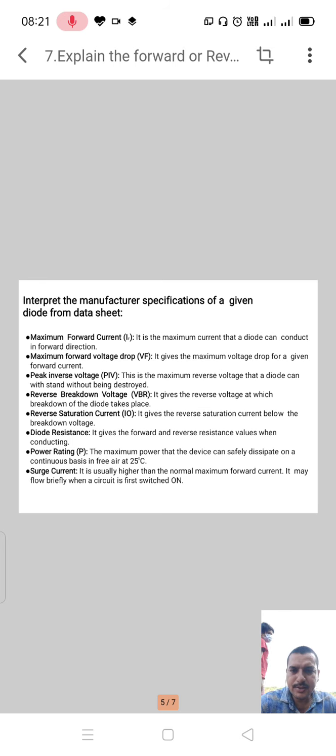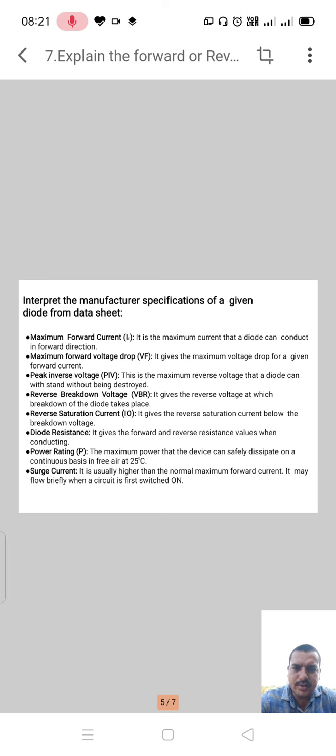Next specification, reverse saturation current, IO.